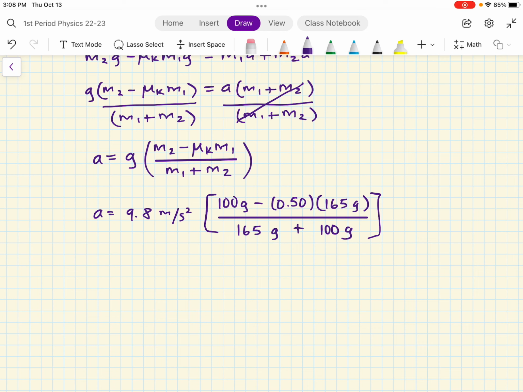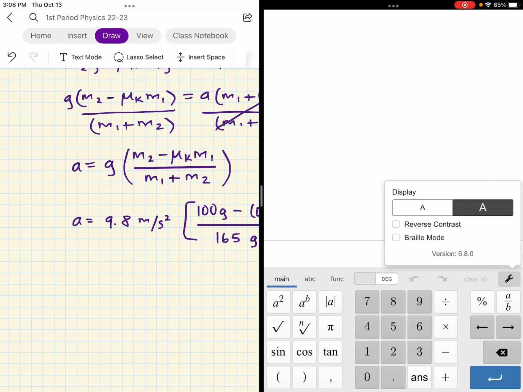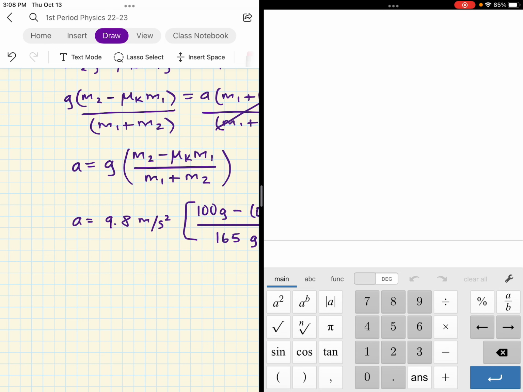And I do not need to convert to kilograms because whatever I get here is going to have the unit of grams. And over here the denominator will be 265 grams. So grams will cancel grams. If you convert to kilograms, you get the same answer, so it's not necessary for us to convert.